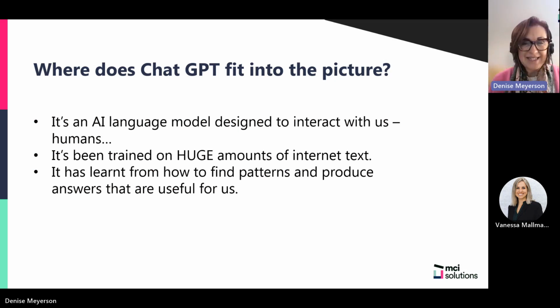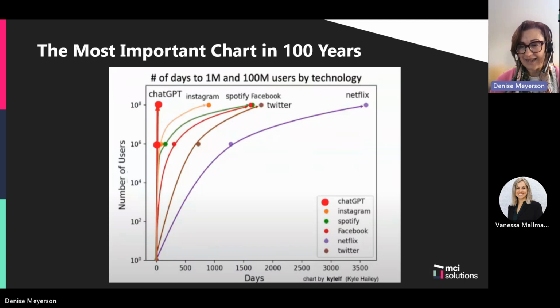So where does ChatGPT fit into the picture? It is definitely an AI language model, and it's designed to interact with us. It's been trained over a couple of years on a huge, vast amount of internet text, and it's begun to learn how to pick up these patterns to produce answers that we want, which is quite amazing.